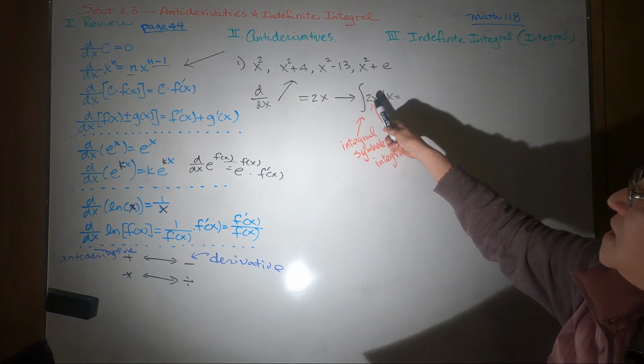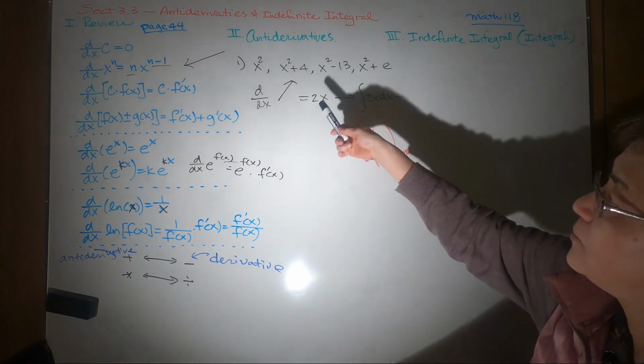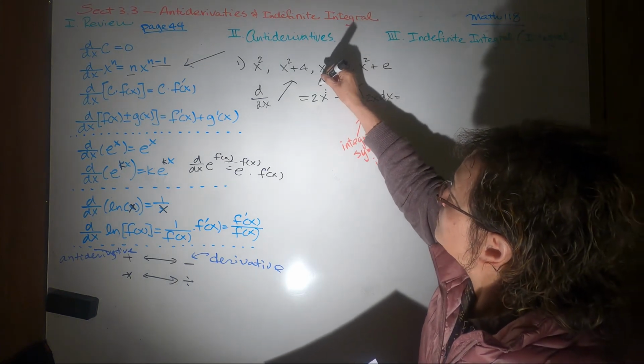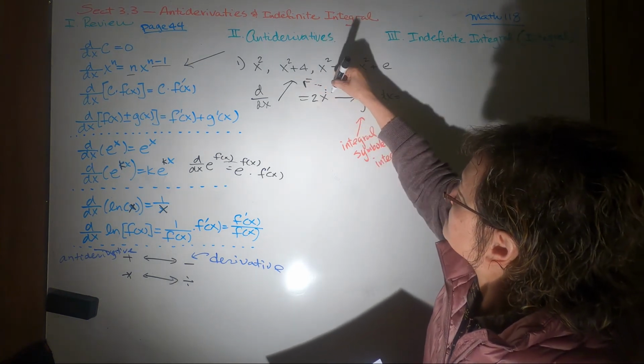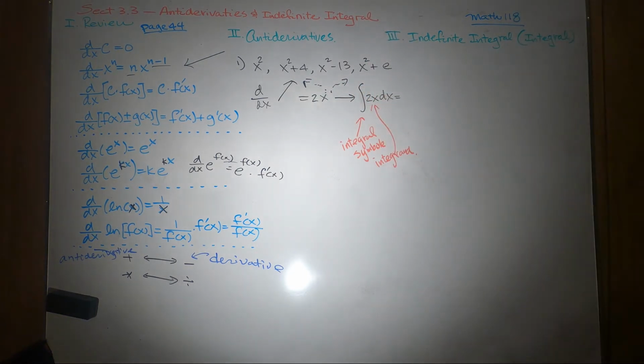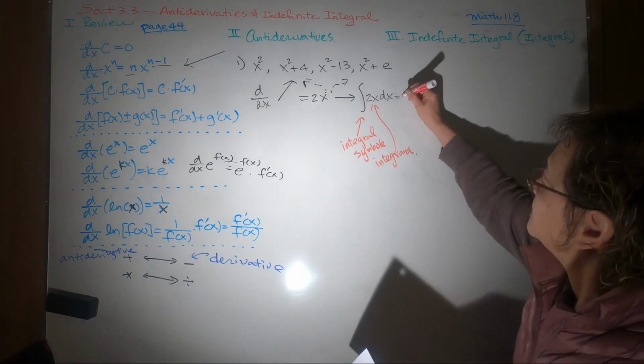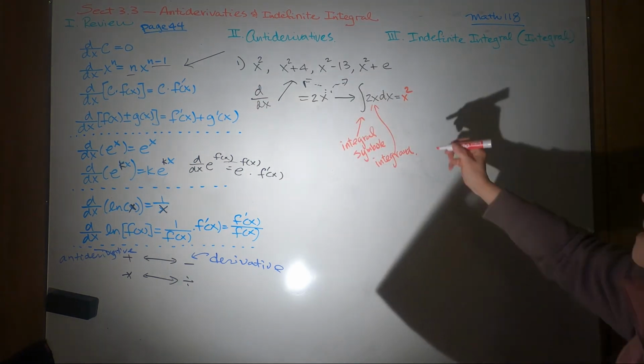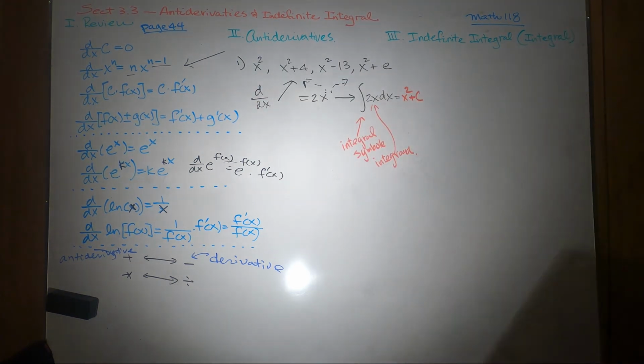And if I do the antiderivative, going back from 2x, I should go back to all those things, right? That means I should have x squared, because everything has x squared, and with a constant c there. Is that right?